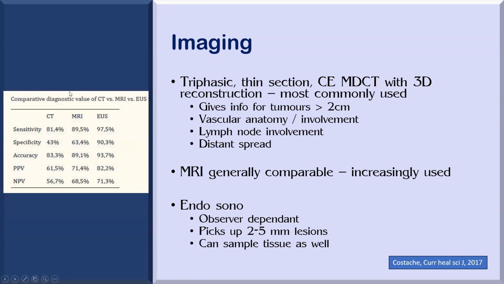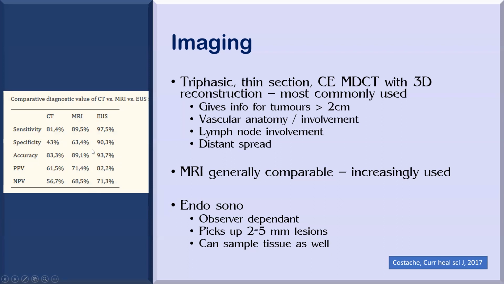This is a table which you need not bother about. You will see that the accuracy is best in endosono. Still, the commonest investigation is the CT. Even though it is perhaps the least accurate of the three, it is easily available and a lot more standardized.